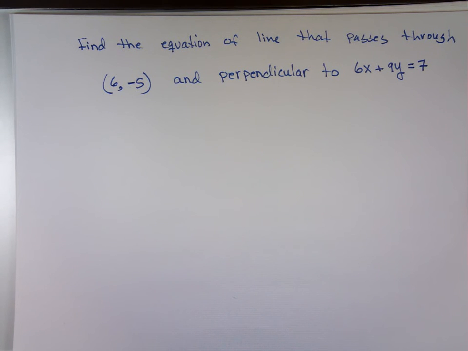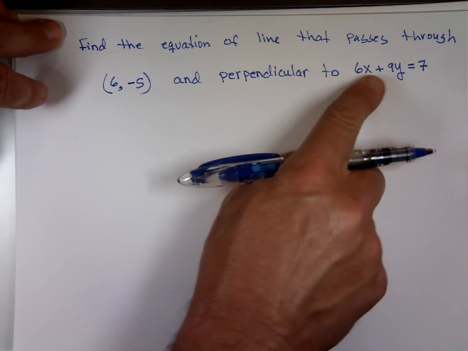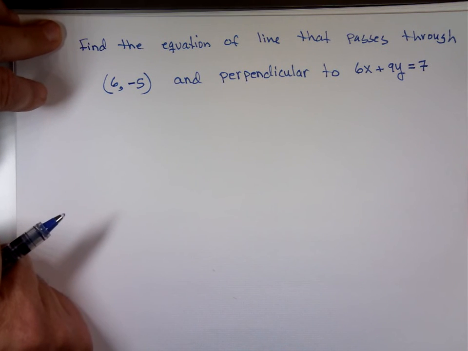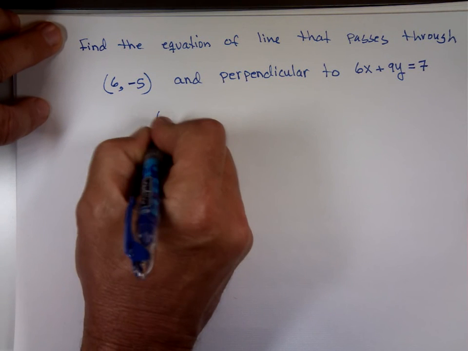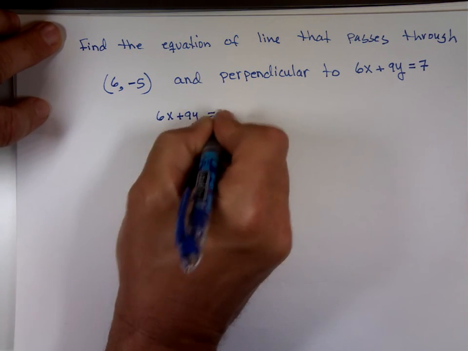So I need to find the slope of this line first. Because if I know the slope of this line, I know the slope of our line. How do we find the slope of this line? I need to solve it for y.